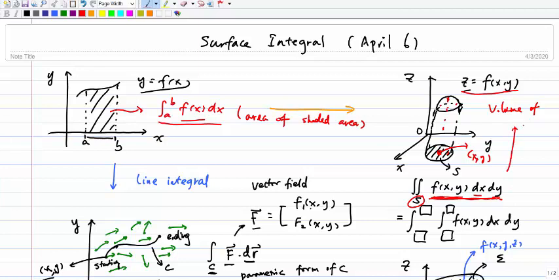To compute the double integration, we have to figure it out by using the single-line standard integration. We just have to figure out two things. We divide this into two steps. One is the inner integration.